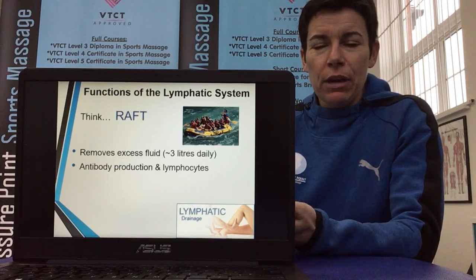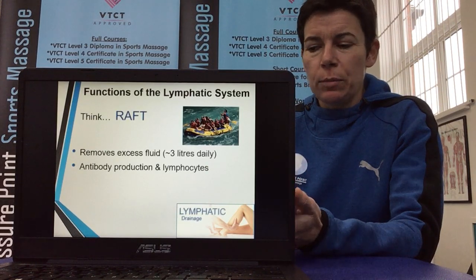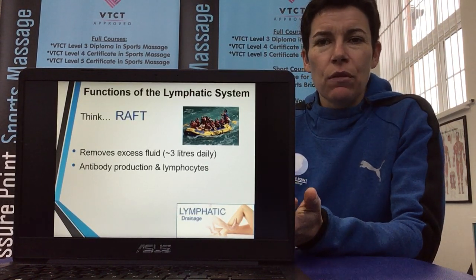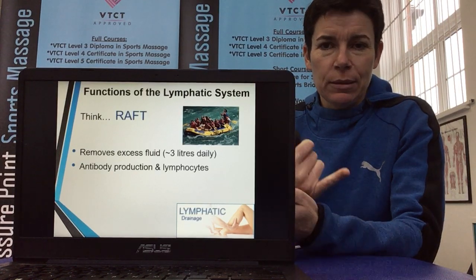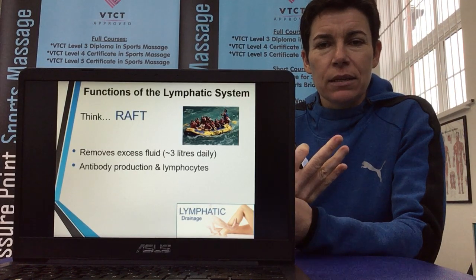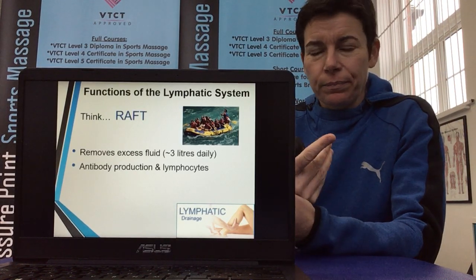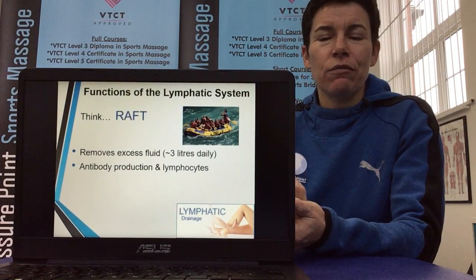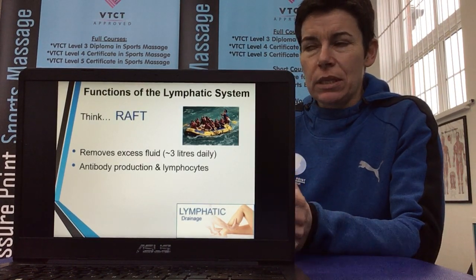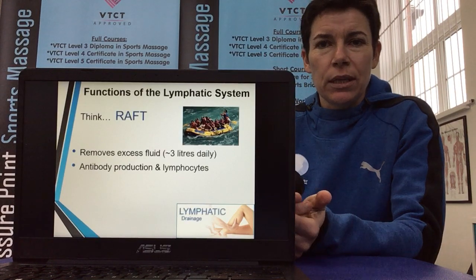So I'm hoping you've recognised lymphocytes as being something we talked about in the cardiovascular system. When you think of the 4 components of blood, we think of plasma, red blood cells, platelets and white blood cells. And what's the technical name for a white blood cell, or medical name? So a white blood cell is a leukocyte.